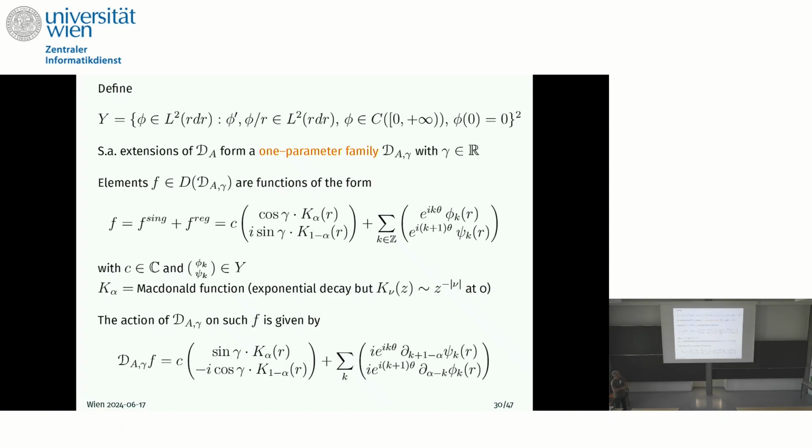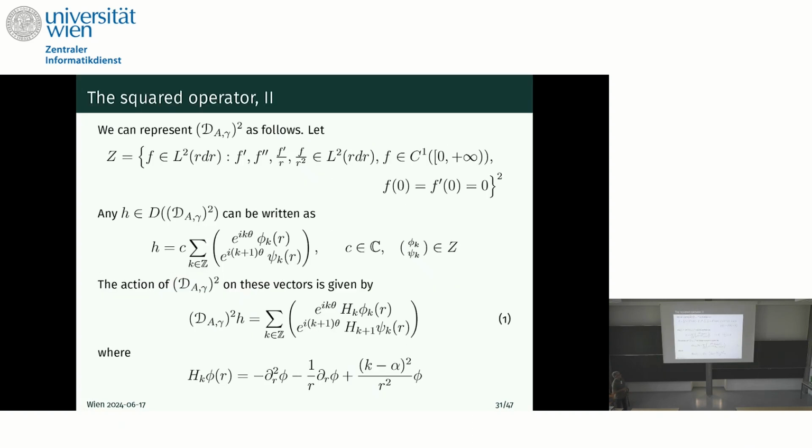Okay, and so this is the domain, and the action of the self-adjoint extension with the parameter gamma is very explicit, okay? The usual one on the smooth part, and this action here, so you see the two parameters here are exchanged. So this is a complete description of the self-adjoint extensions. Now, what happens if we square it?